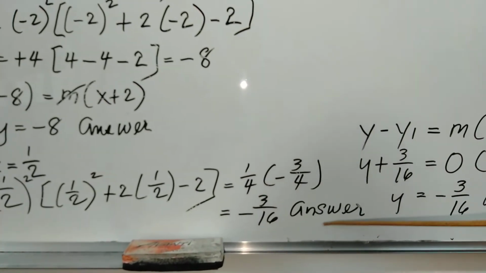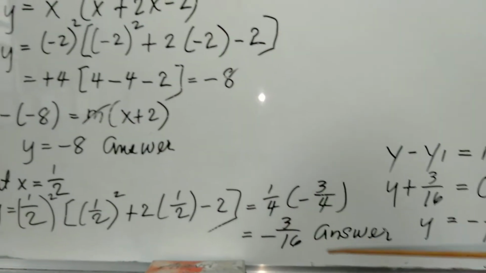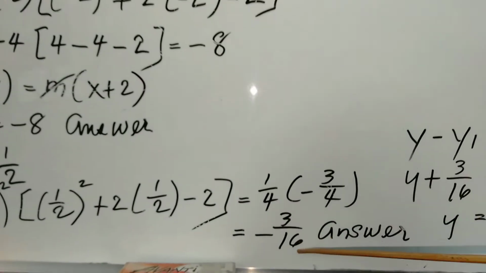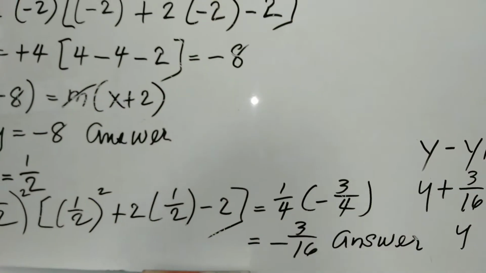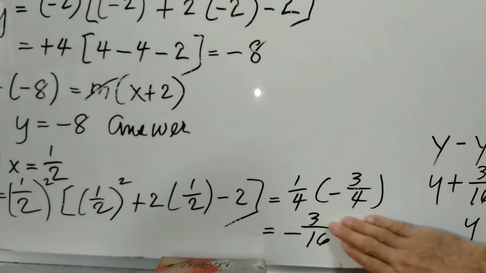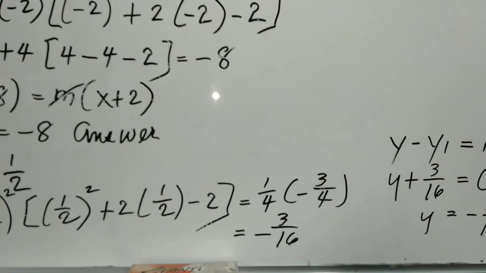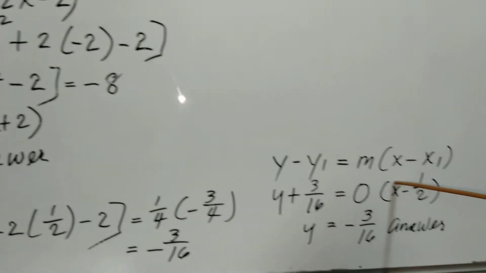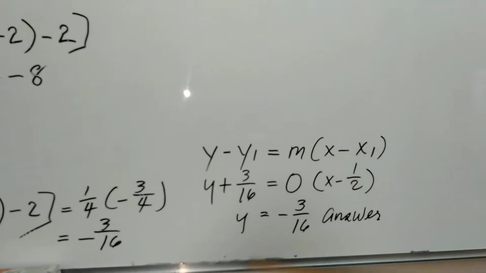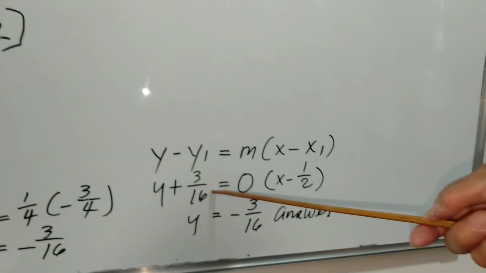So this will be our value of x sub 1. So we substitute this value, negative 3/16, to the point slope form, with the value of y sub 1 to be negative 3/16.